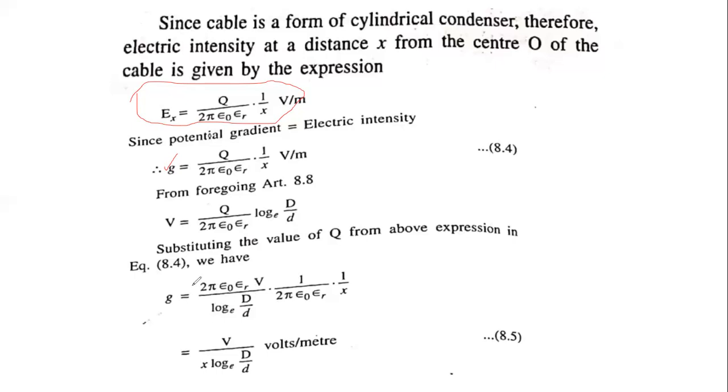By cancelling the terms 2 pi epsilon naught epsilon r, we obtain G is equal to V by x log D by d. This is the potential gradient.